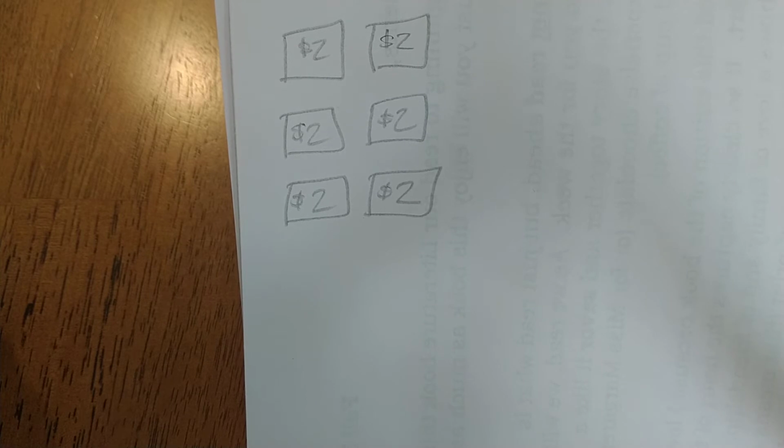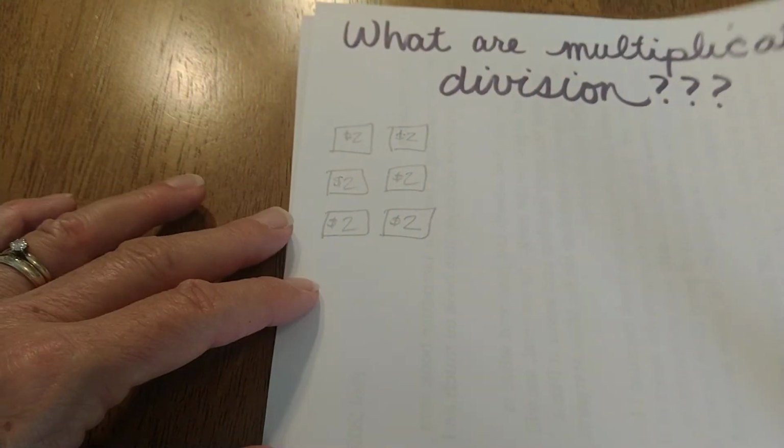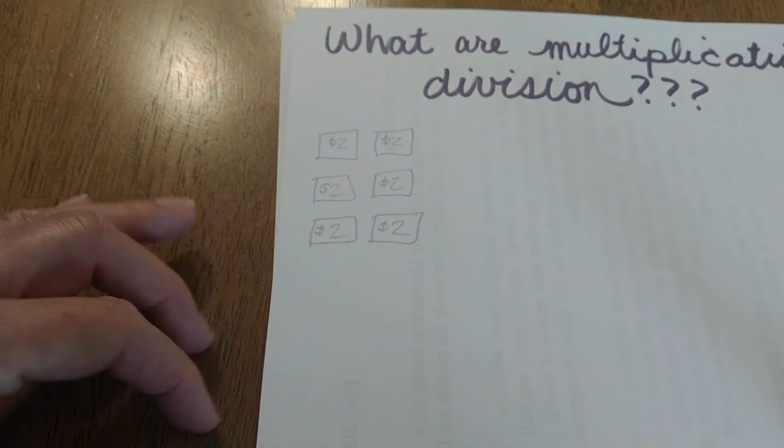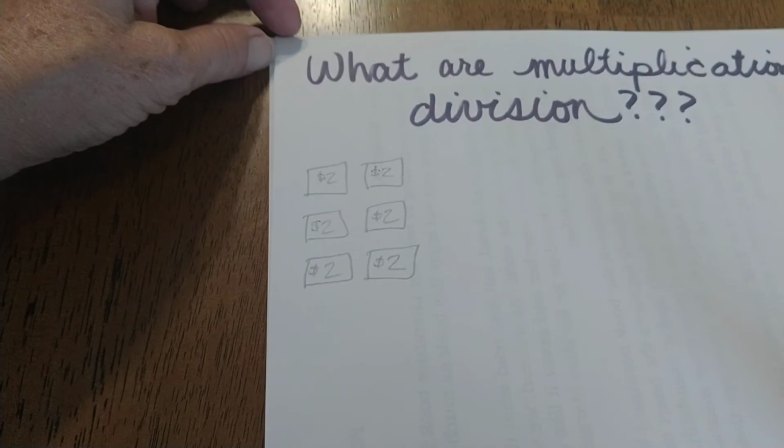So I could add 2 plus 2 is 4, add 2 more, that's 6, add 2 more, that's 8, add 2 more, 8 plus 2 is 10, add 2 more, 10 plus 2 is 12. Or I can do multiplication, which is fast addition of the exact same thing lots of times. So that's why we memorize our multiplication tables, so that we know these answers without having to add.